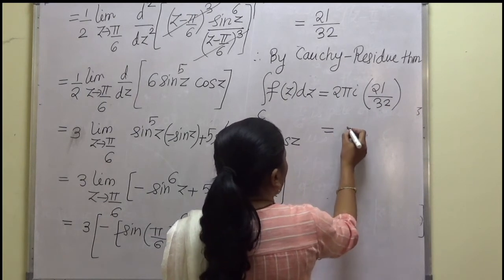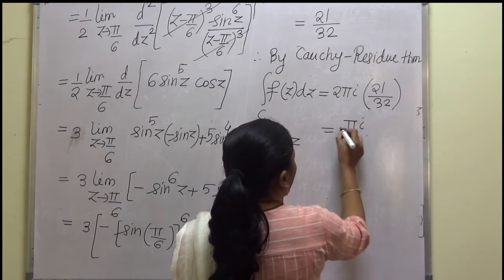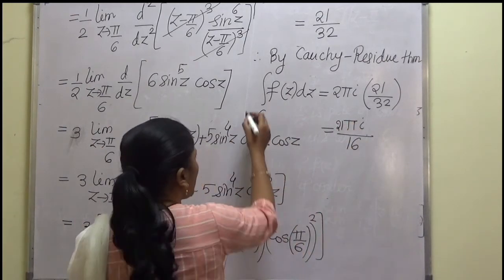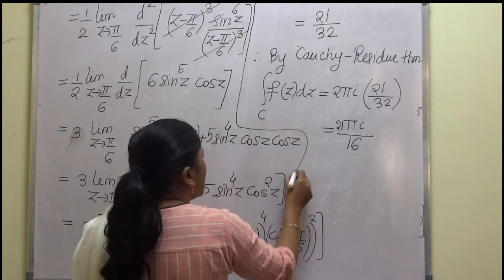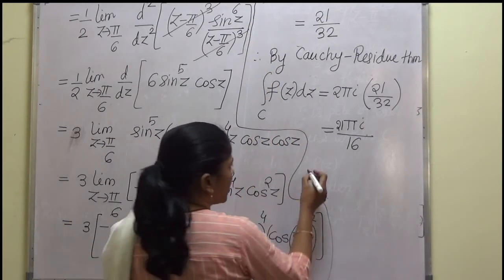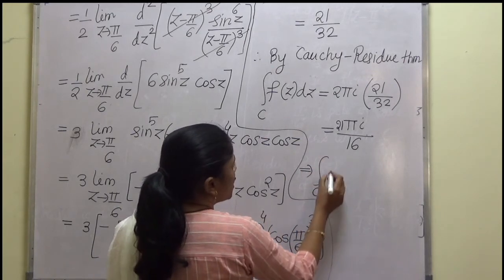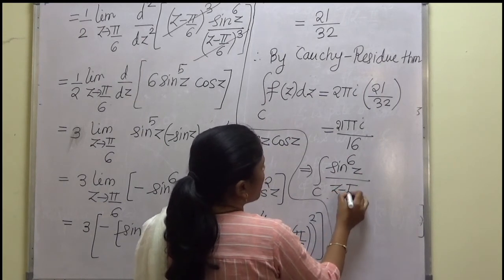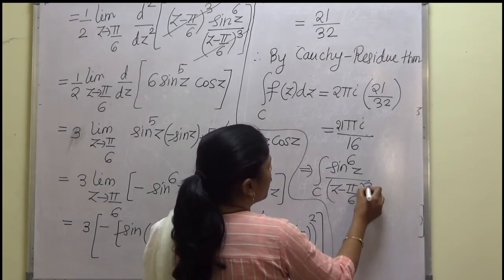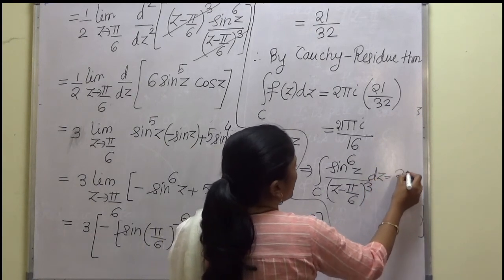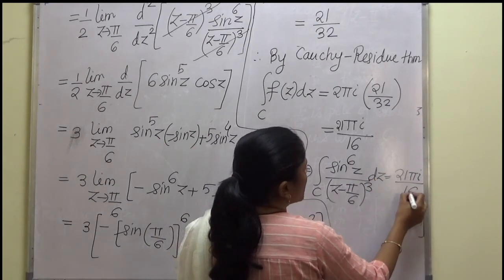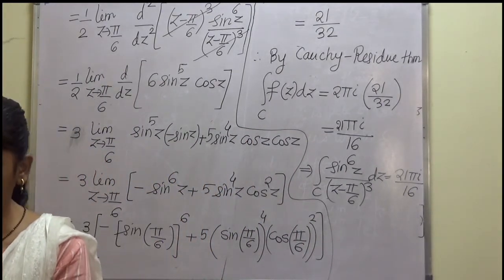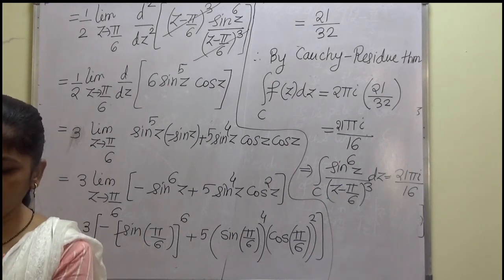So this is nothing but 21 pi i upon 16. And f of z, as I told you, is the given integrand. So the integration over c of sine to the power 6z upon (z minus pi by 6) whole cube is 21 pi i by 16. In this way we will get the answer. I hope you have understood the problem very well.